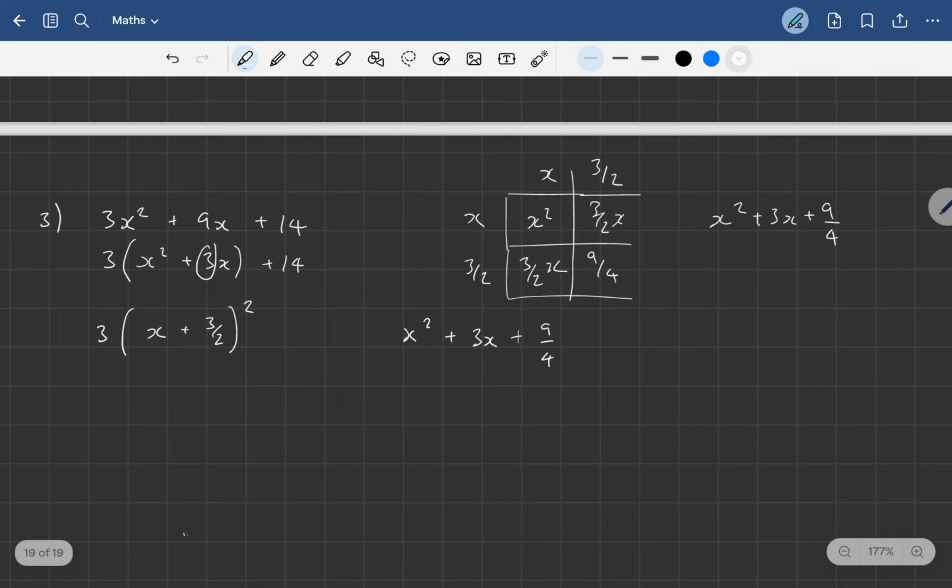Now look, we have the x squared term here, we have the 3x term there, but we don't want the 9 over 4 part, so we have to subtract the 9 over 4. So we don't have this part anymore. However, one thing that's important is that this stays within the bracket of the 3. That's very important.